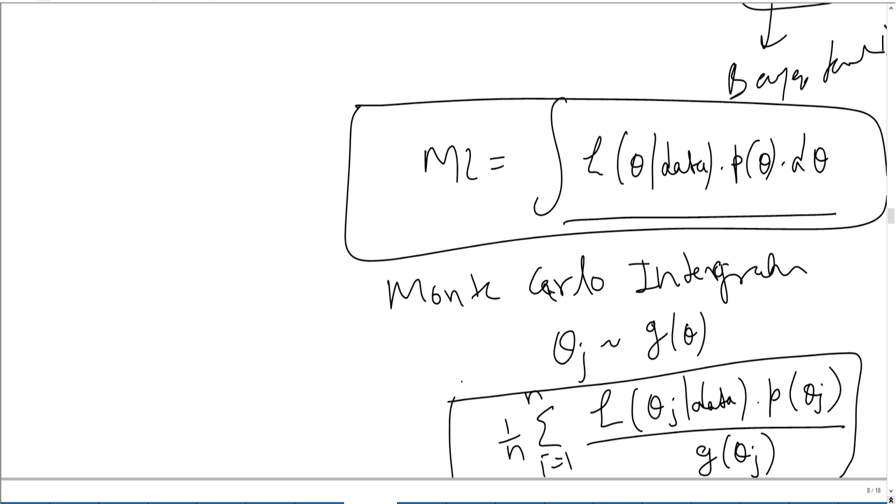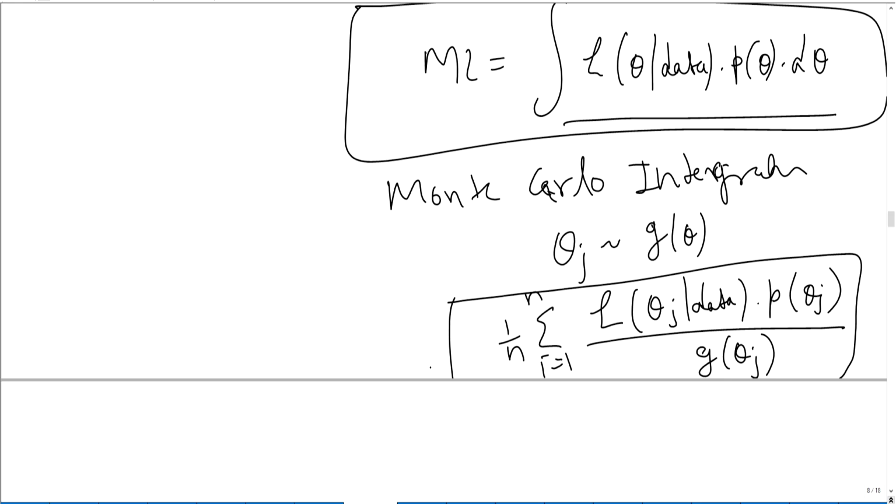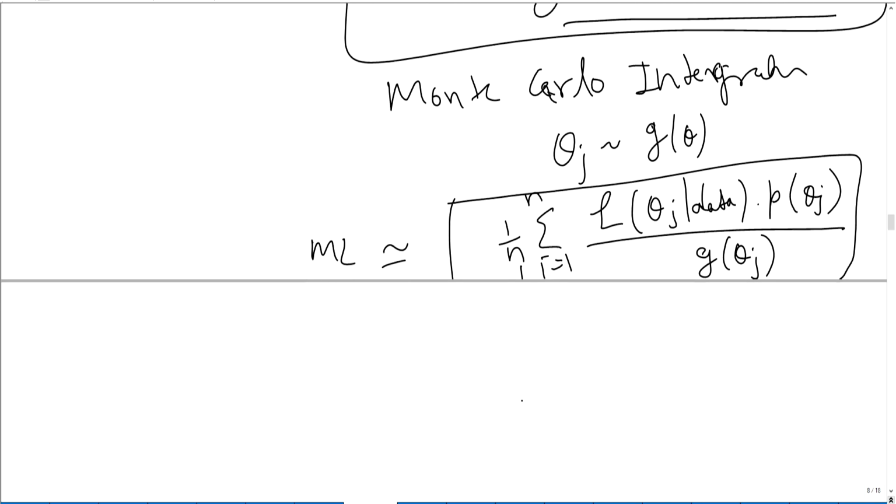Basically it is the average of likelihood times prior divided by the importance density, such that all these samples are coming from the importance density. This gives a reasonable approximation of the marginal likelihood if n is large enough. That is the idea, so you can use this to approximate the marginal likelihood.